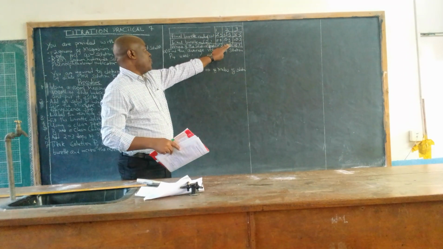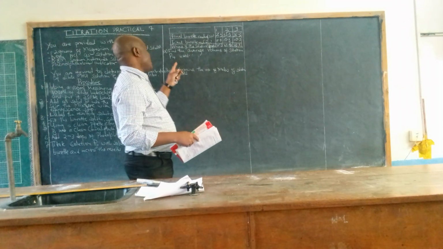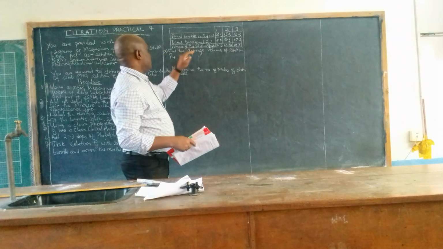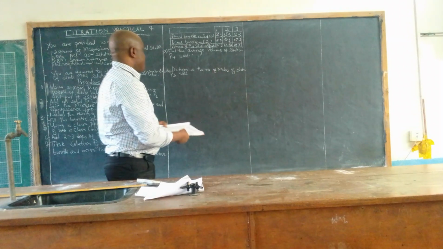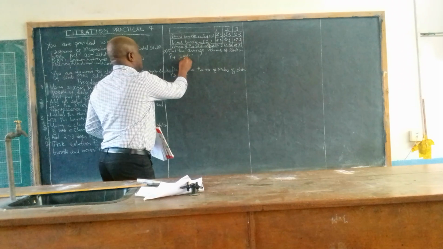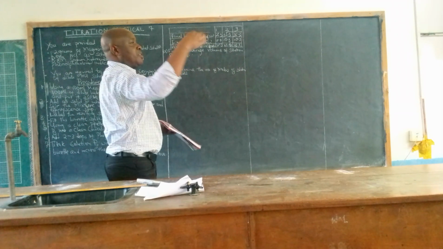So we go directly to the questions. Question 1, question A, asks: find the average volume of solution P4 used. Remember, solution P4 is the one that was put into the burette.